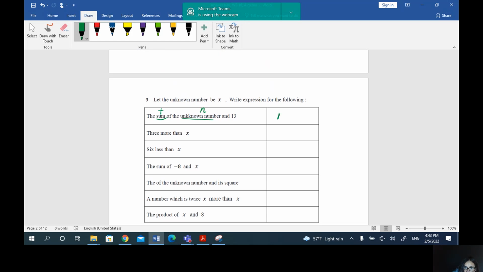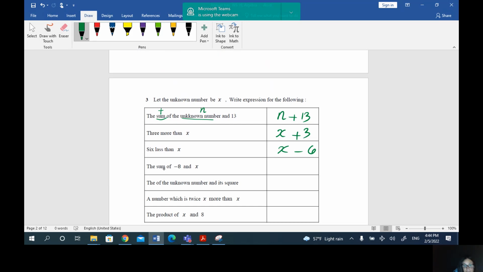So the addition of the unknown number n and 13, that's how we write the expression. 3 more than x will be x plus 3. 6 less than x will be x minus 6.